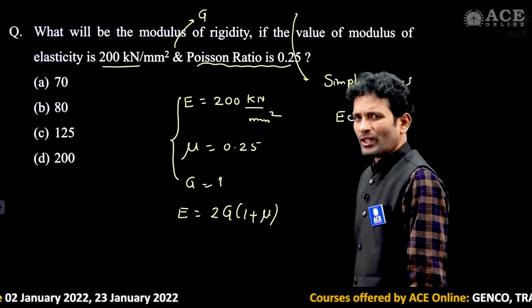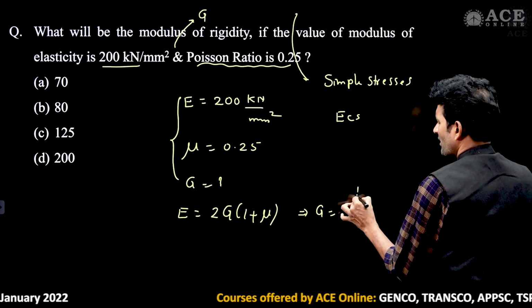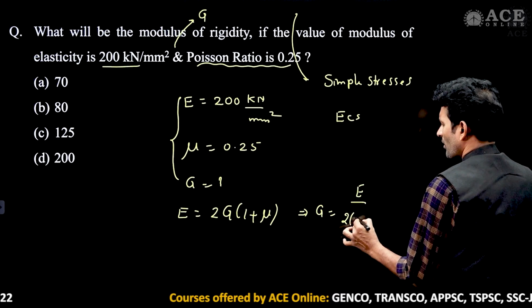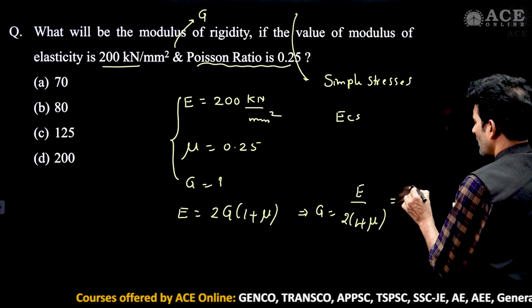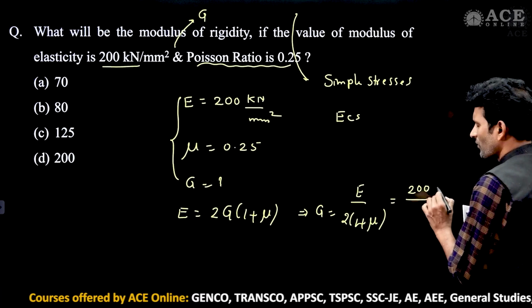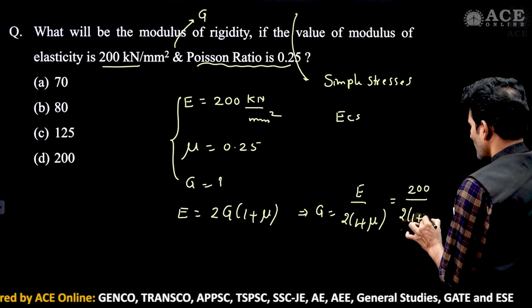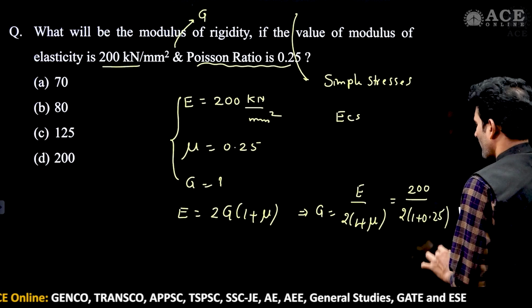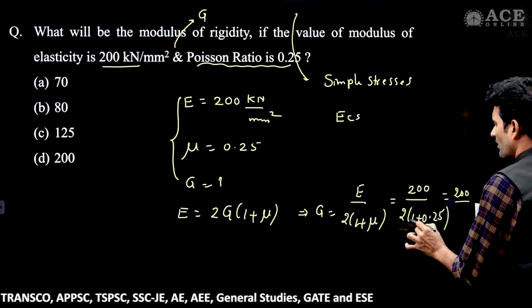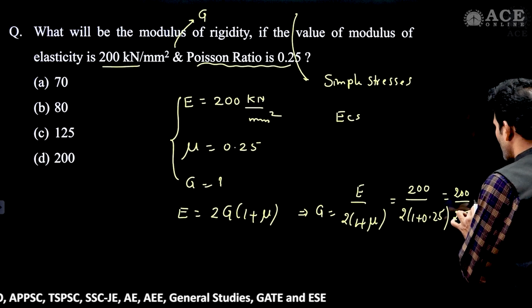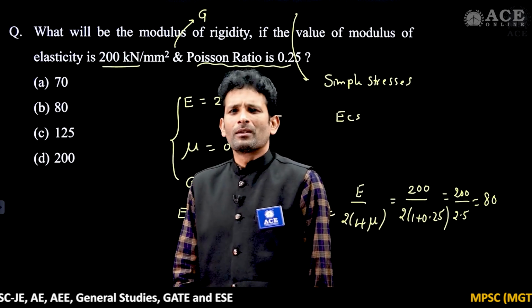We require the G value, so make G the subject: G equals E upon 2 times 1 plus mu. E is 200 kilonewton per square millimeter and mu is given as 0.25. This is 200 divided by 2.5. If I simplify, I get 80 kilonewton per square millimeter.